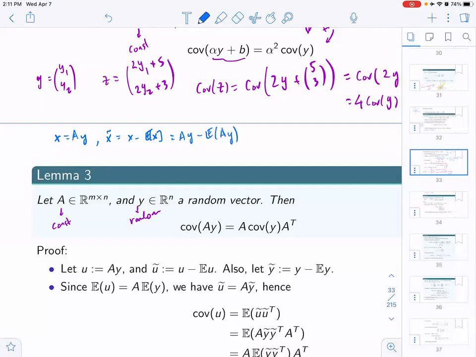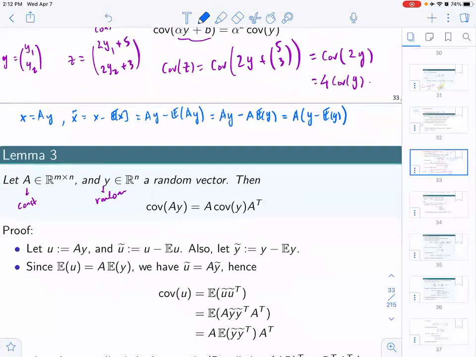Okay. And then AY, inside of an expectation, A is factored out. And the entire thing is A times Y minus the expectation of Y. Okay. But Y minus the expectation of Y is the Y tilde.